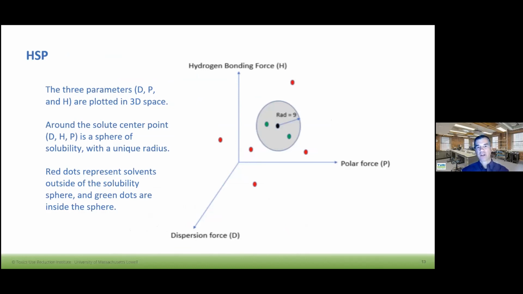This round sphere represents a solute, a sphere of solubility, so any solvent that resides within this sphere, such as these green dots, would be able to dissolve that solute. Any solvent outside of this sphere of solubility, represented by these red dots, would not be able to dissolve that solute.